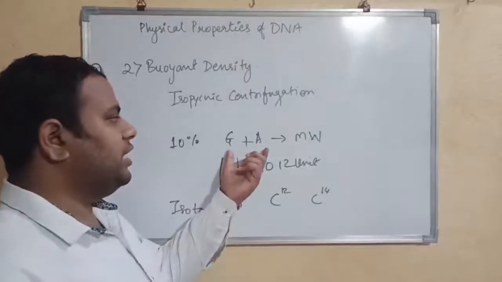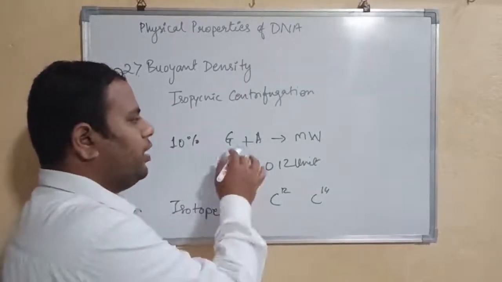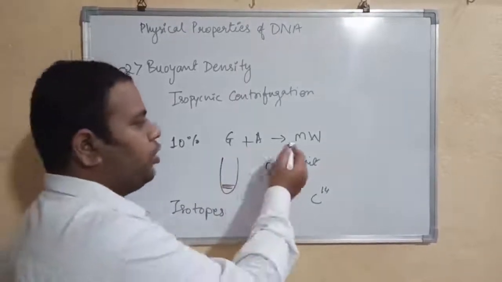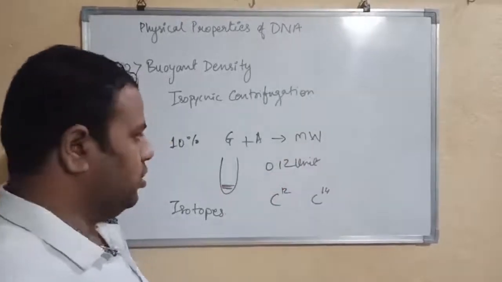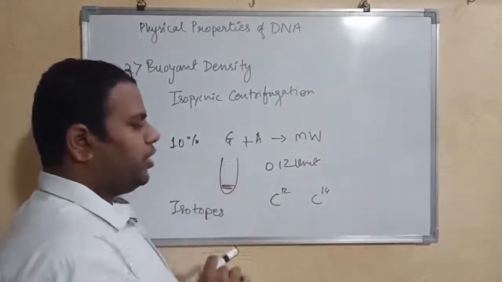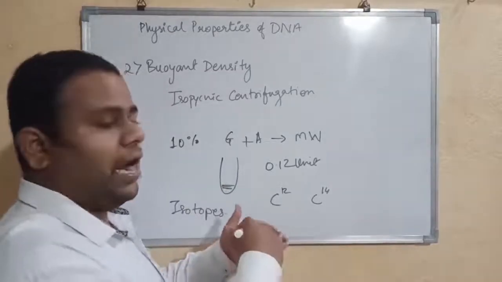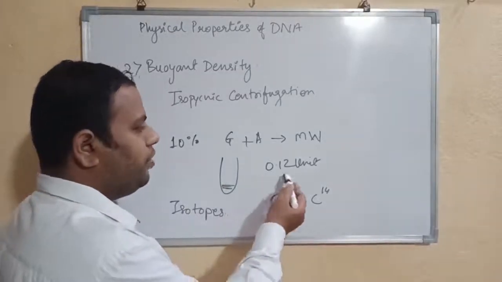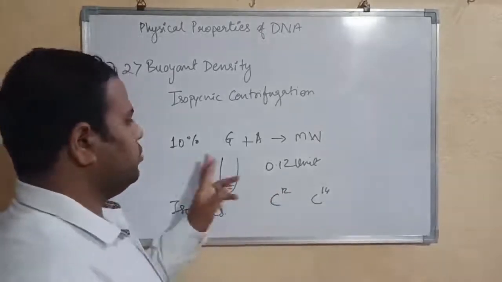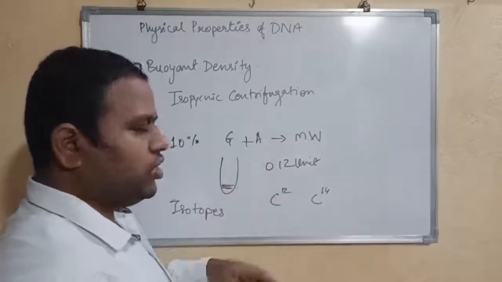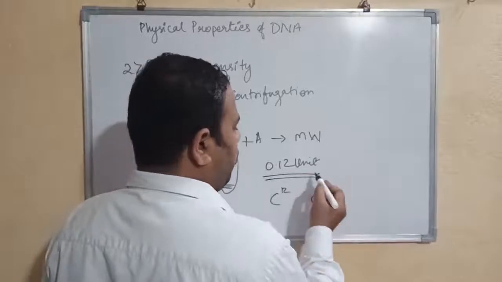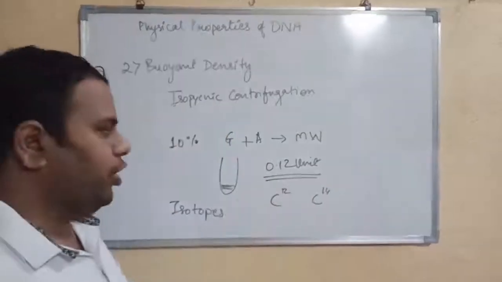With an increase in GA concentration, that is guanine and adenine concentration, the molecular weight of the total DNA increases. So what will happen in the isopycnic centrifugation? The DNA will settle at the bottom, at the lower side. For every 10% increase in GA concentration, the buoyant density increases by 0.12%.